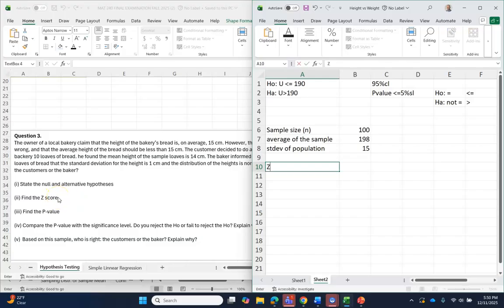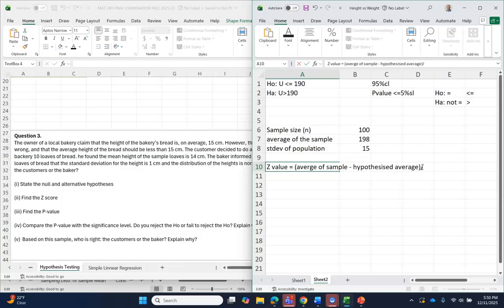So to get the z-value, we use the formula, which is the average of the sample minus the hypothesized average, and you can close the bracket. And this one, you need to divide by the standard error.